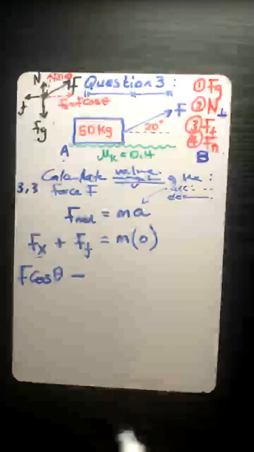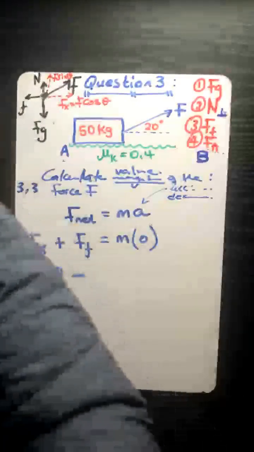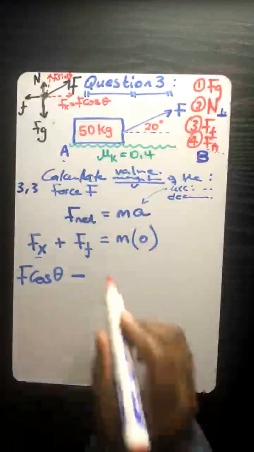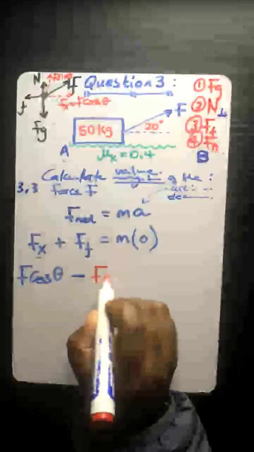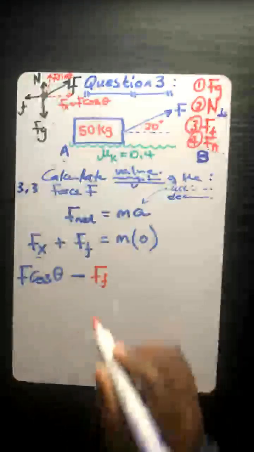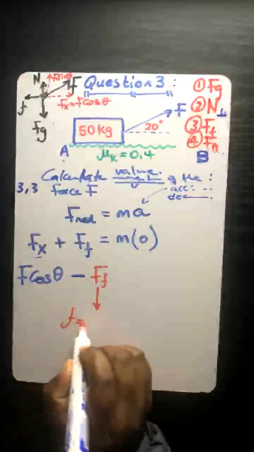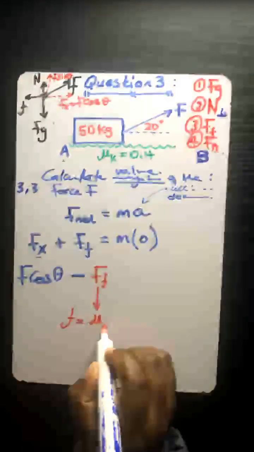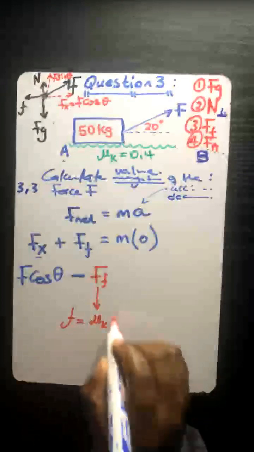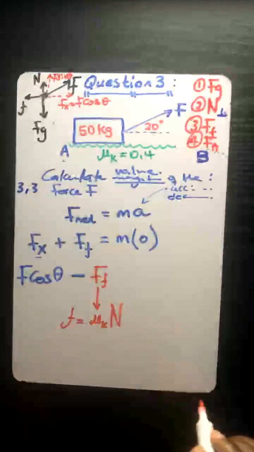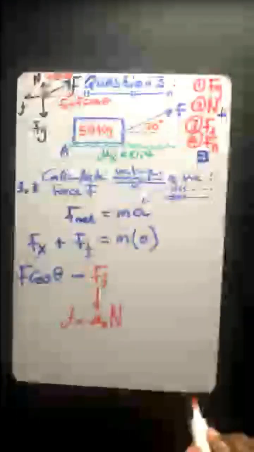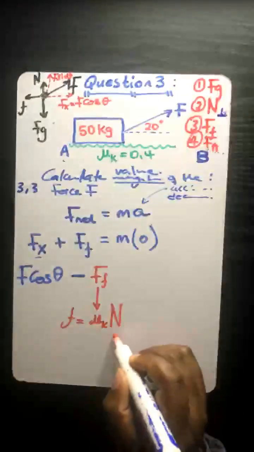I want to make you aware of something very important. Frictional force has a formula. The formula for calculating frictional force is equal to mu k times the normal force. I'm not sure if you were aware of that. And guess what?